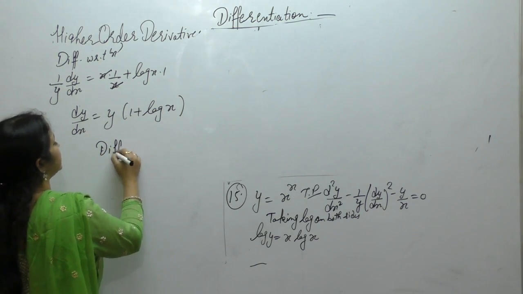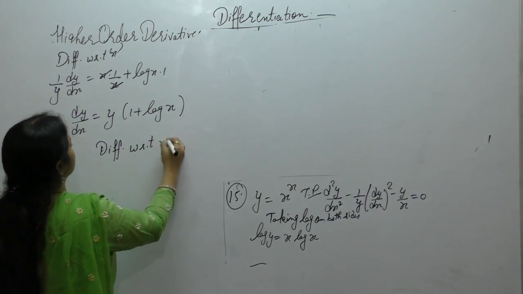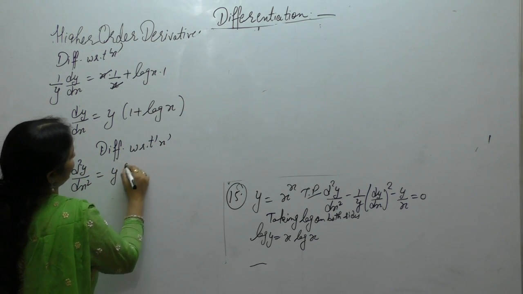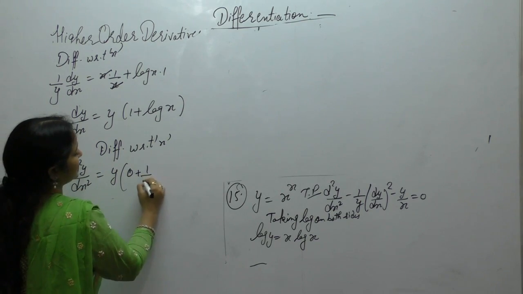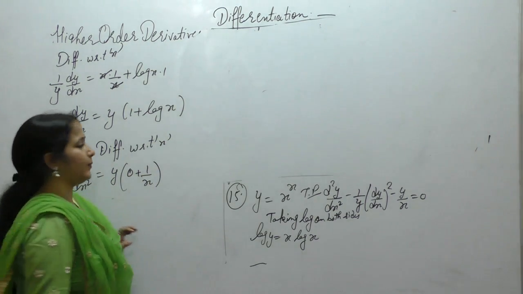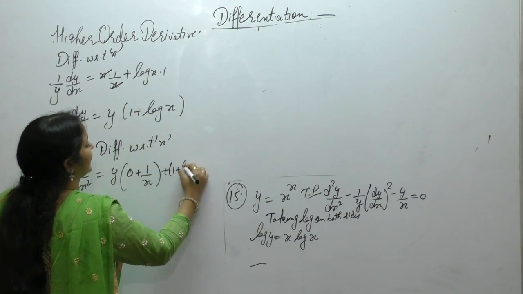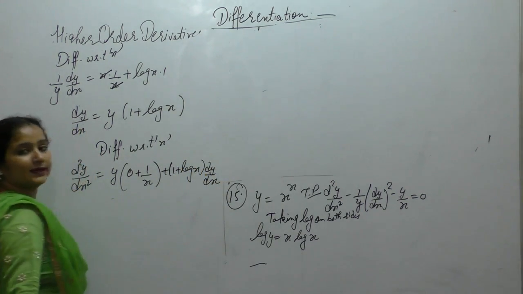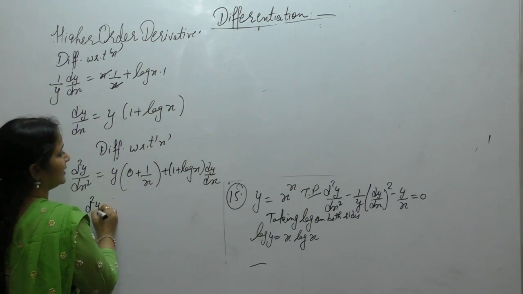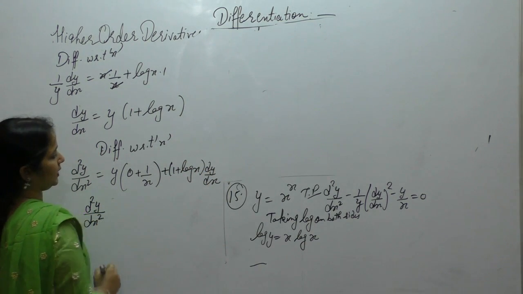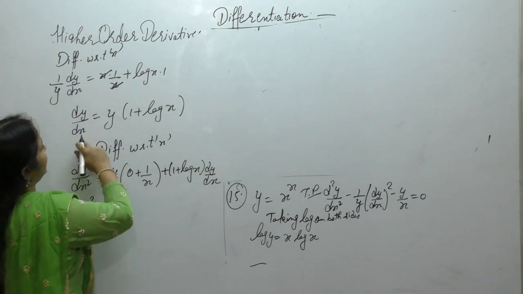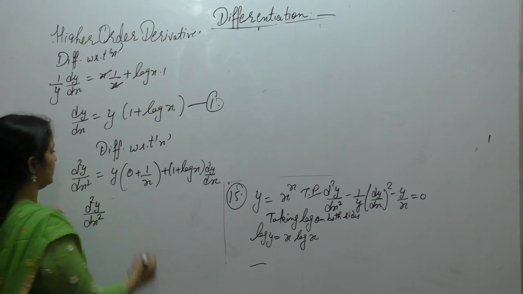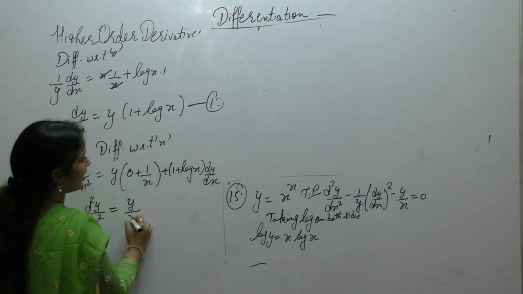Now again differentiate with respect to x. d square y upon dx square, first function as it is, derivative of 1 is 0, log x is 1 upon x, plus second as it is, derivative of y is dy upon dx. So what we get, d square y upon dx square is y upon x plus (dy upon dx) into (1 plus log x).